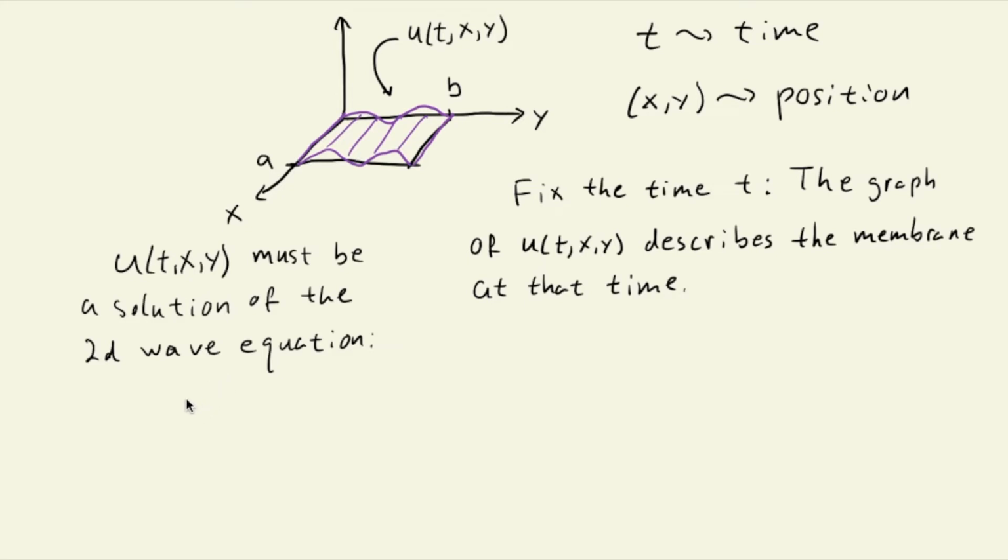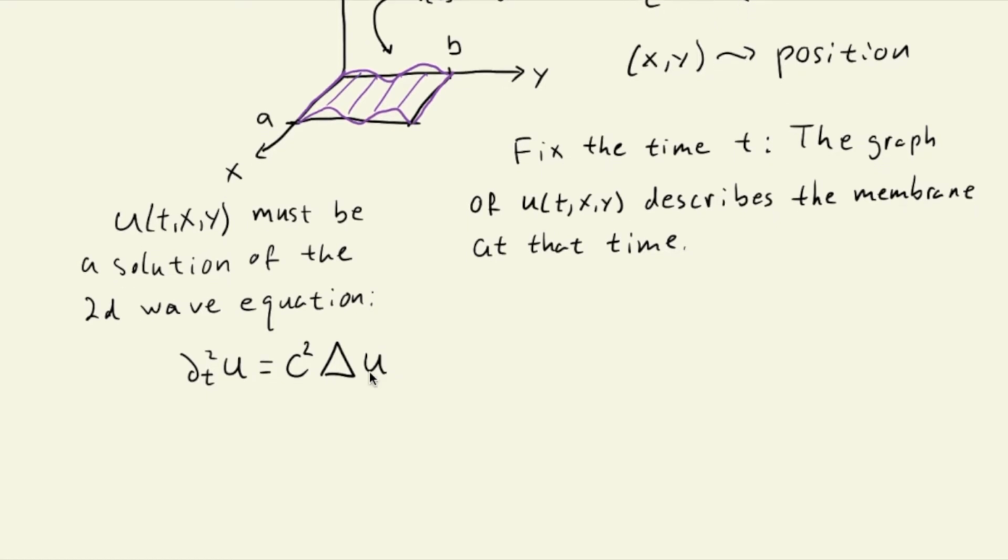This is a very similar equation. Partial t squared of u is equal to c squared. And what you see here is not just the second derivative in x anymore. Now we have the variables x and y. What you see is the Laplacian of u. Right? Just like with the heat equation. You remember in the heat equation, the second derivative in x turned into a Laplacian when we solved it in 3 dimensions. That's exactly the same process that happens here.